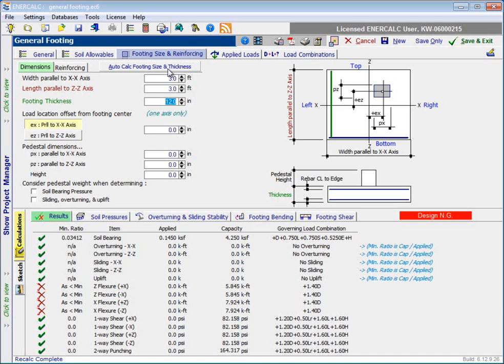So if that's your mode of operation, then keep in mind that the program can help you in that regard with this button. Since I don't have loads applied yet, it won't be meaningful to click this button at this point in time.